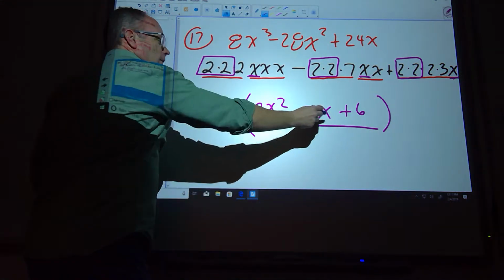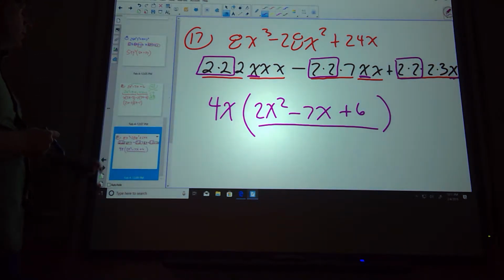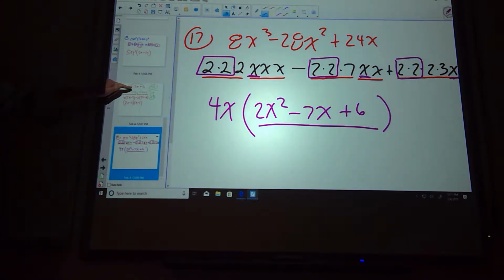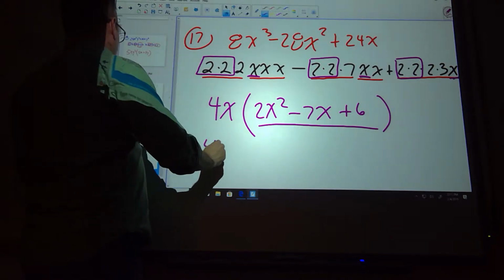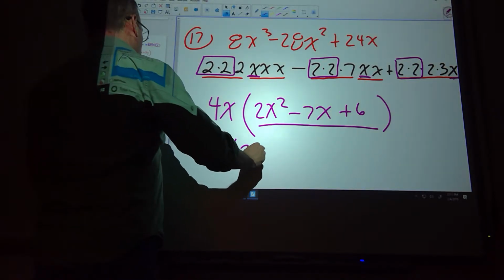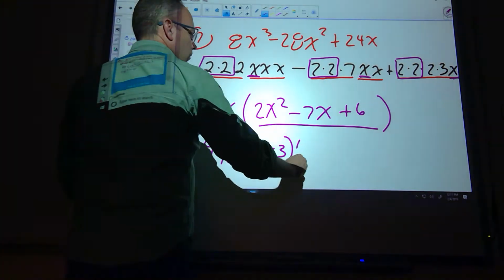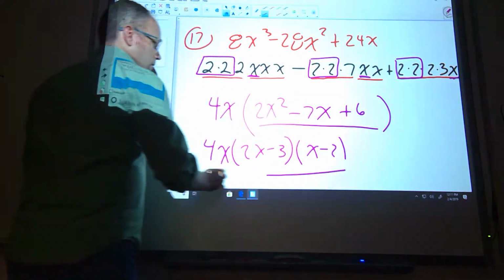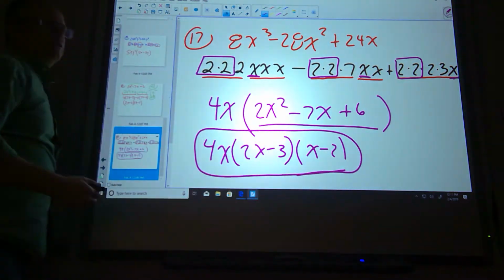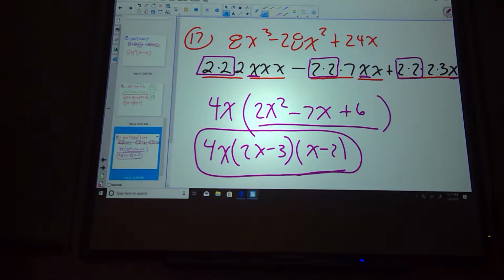Isn't this the same right here as that last problem? Sure. Look, it says 2x squared minus 7x plus 6. So can I factor that? Sure. So I get 4x, 2x minus 3, x minus 2. So that is kind of a bigger one to be factored out. So you have a greatest common factor to factor out, and then factor out the Cherry Creek method.